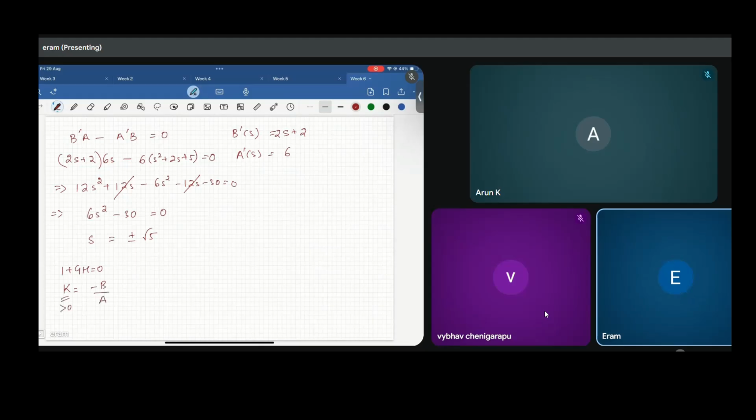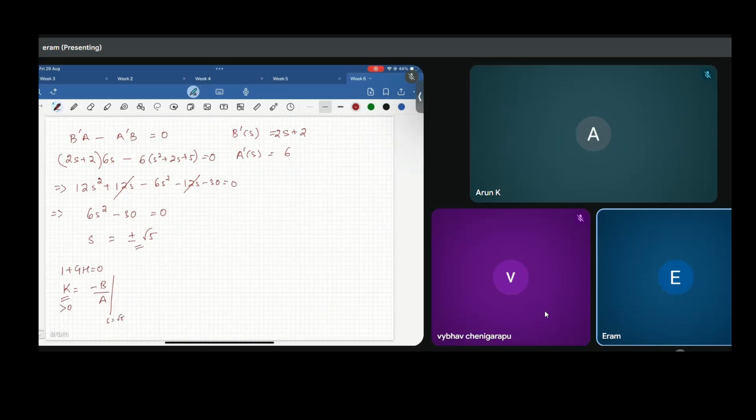So we need to solve K equals minus B by A for these two points and check if K is positive or not. The s for which K is positive will be the break-in point.